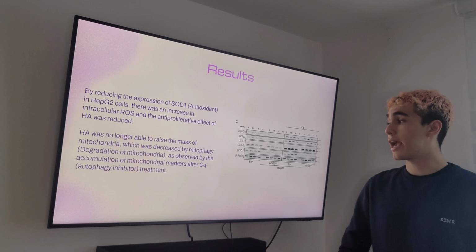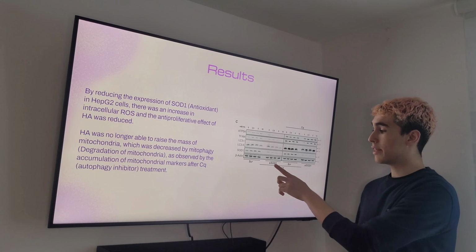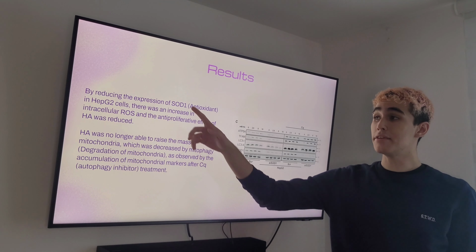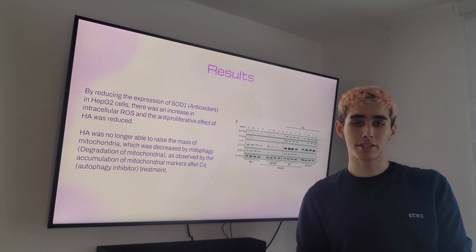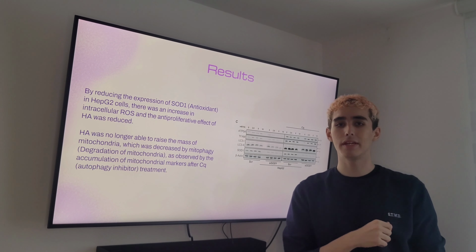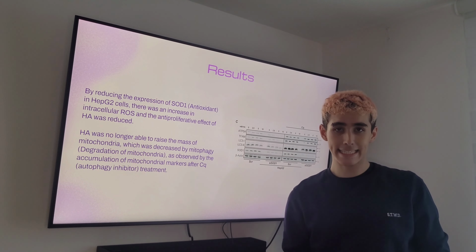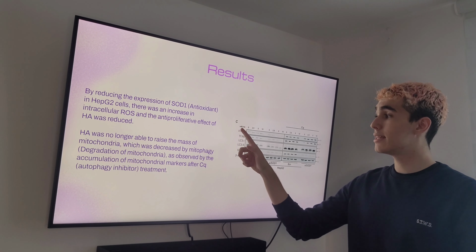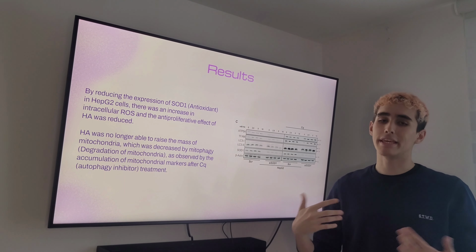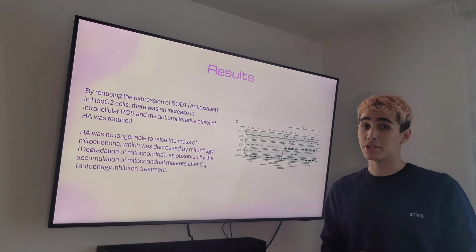This other graphic shows the activity of the HepG2 cell if the antioxidant activity is reduced. If the antioxidant activity is reduced, there is going to be a lot of rust inside the cell, so the effect of the fatty acid is going to be reduced too.